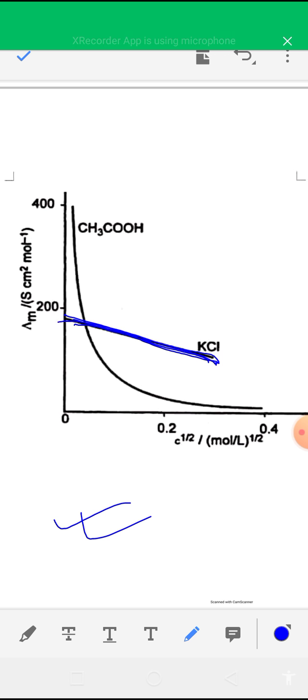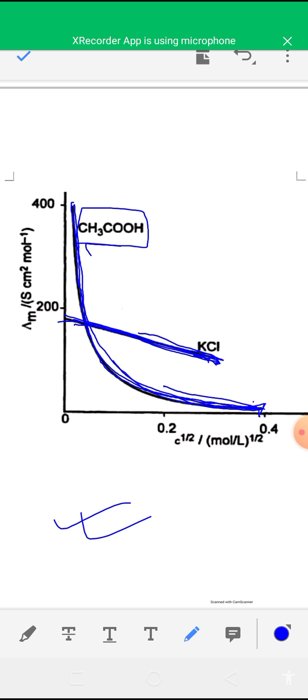And for a weak electrolyte, if you increase the dilution, that is, decrease the concentration, the conductivity increases exponentially. This curve is for a weak electrolyte like acetic acid.